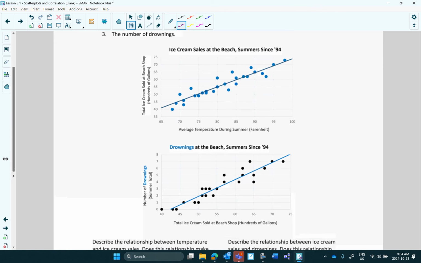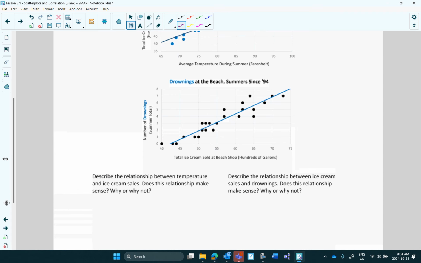But he also looked at this. As the average temperature increased, so did the number of drownings. So now technically, if we look at both of these, how would we describe them? Remember, DOFs, the 4 factors: direction, positive, strong, linear.